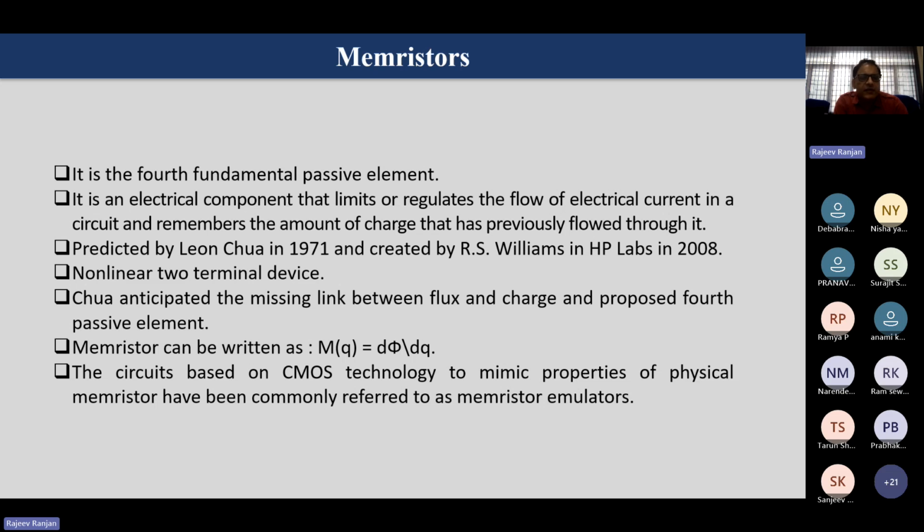The relation between charge and flux is M(q) = dφ/dq. The circuit based on CMOS technology to mimic the property of physical memristors is commonly referred to as a memristor emulator, because there are many technical difficulties in designing or fabricating the memristor device.